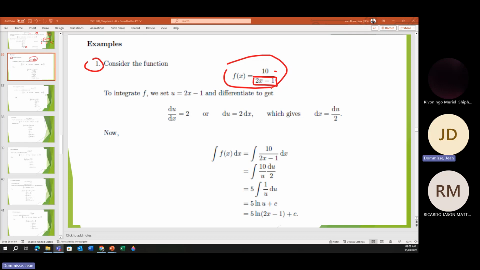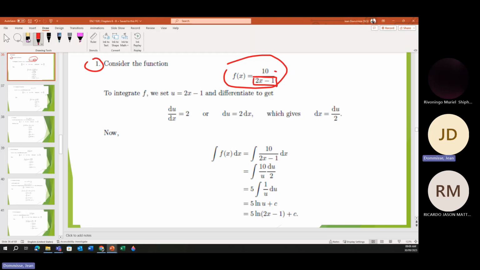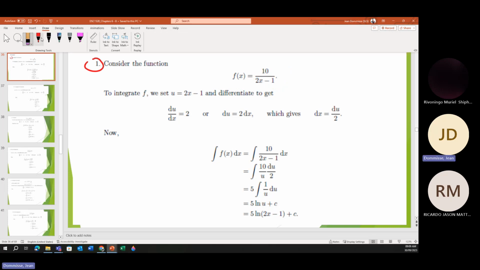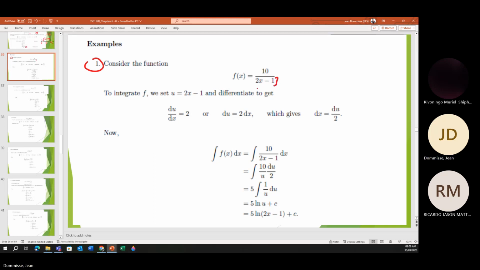Okay, so when we have an example like this, when I look at the bottom one I'm like, ugh, okay, we're dealing with two terms here.